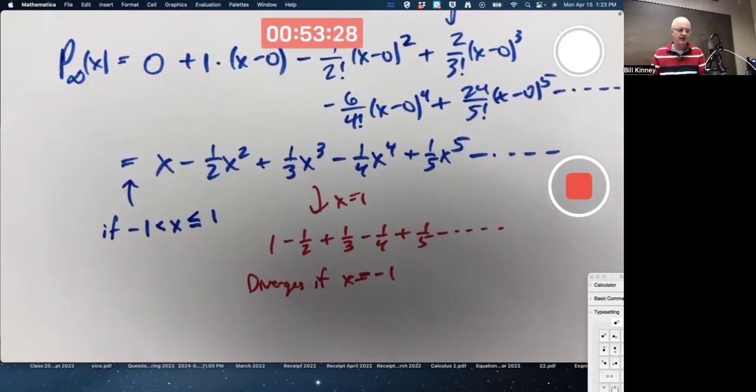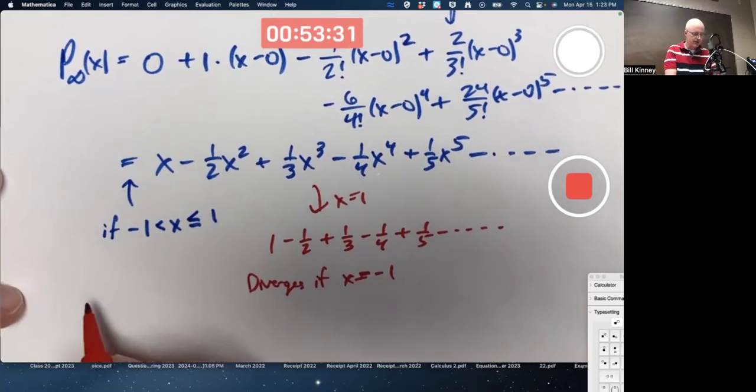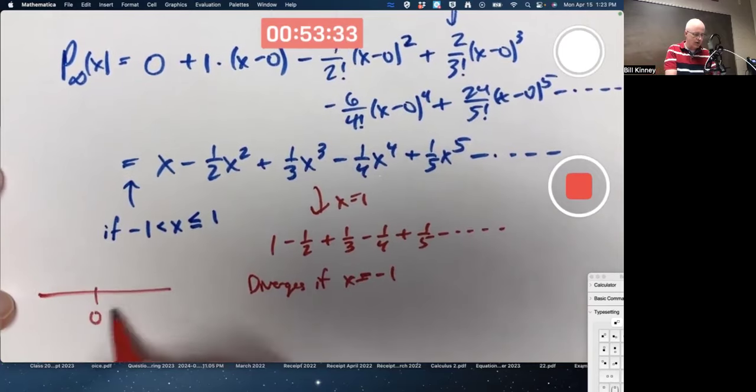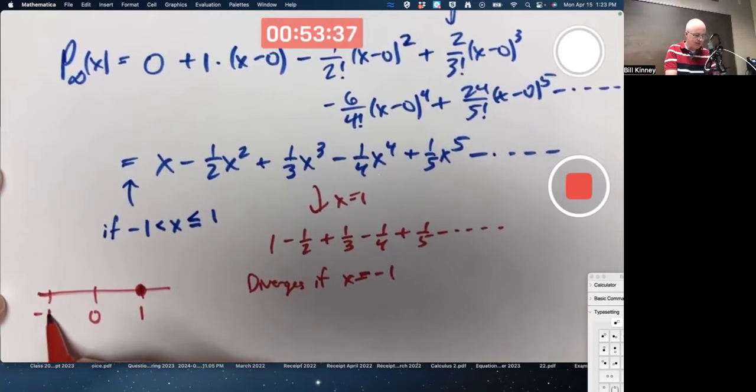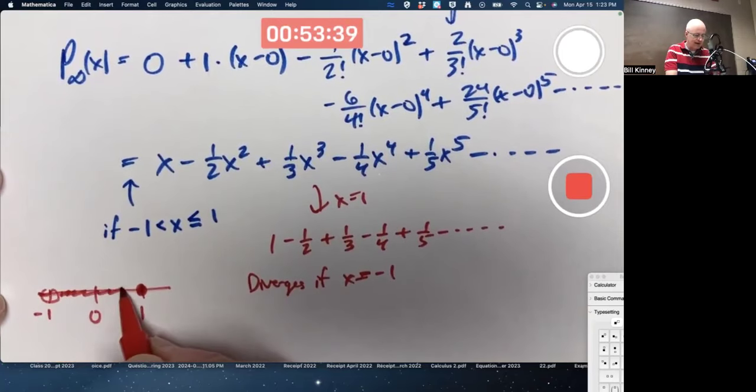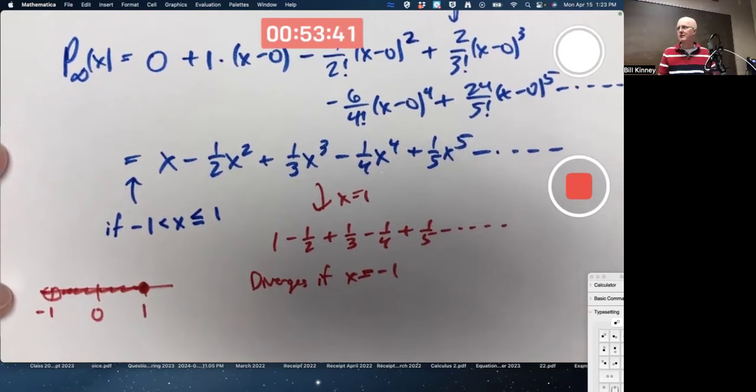So this series, the interval of convergence, includes the right endpoint 1, but not the left endpoint -1. It's a half open, half closed interval. It's a clopen interval, if you will, if you like. Include the right endpoint, but not the left.